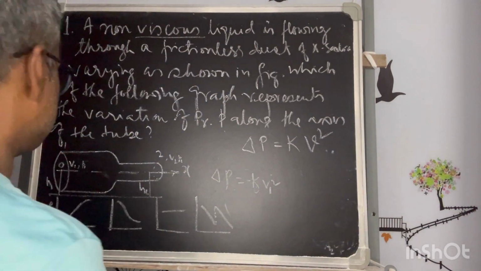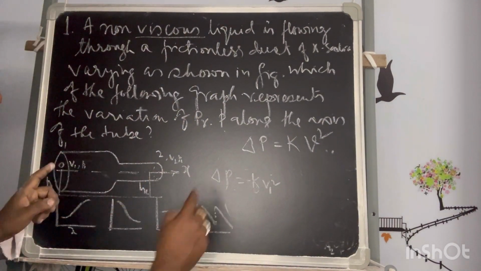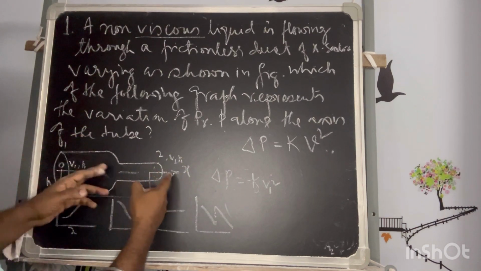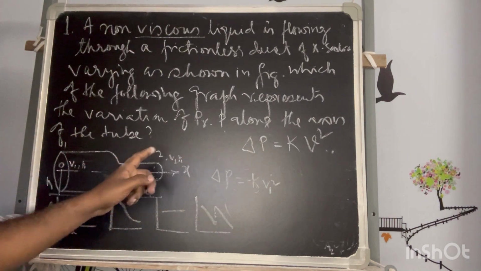So this is the pressure difference from here. The pressure difference, anyhow, you can understand is positive. So that means P1 pressure is more than P2 pressure. Delta P was what?